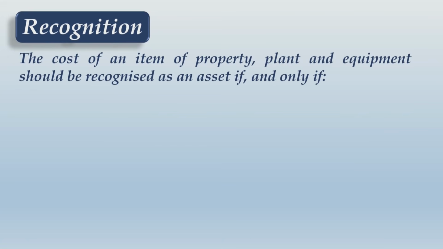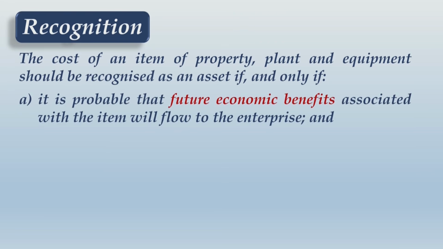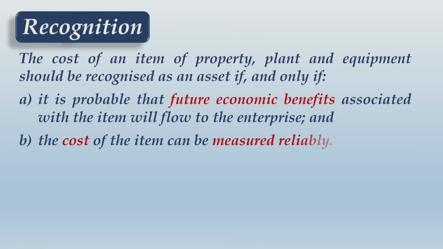So the cost of an item of property, plant and equipment should be recognized as an asset if and only if, look into the conditions, it is probable that future economic benefits associated with the item will flow to the enterprise and the cost of the item can be measured reliably.